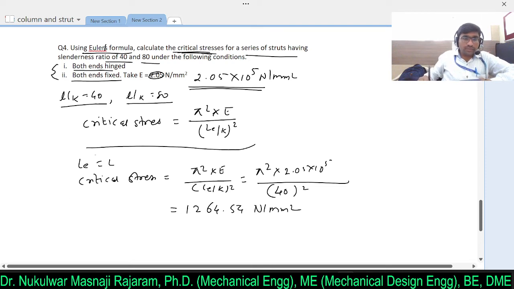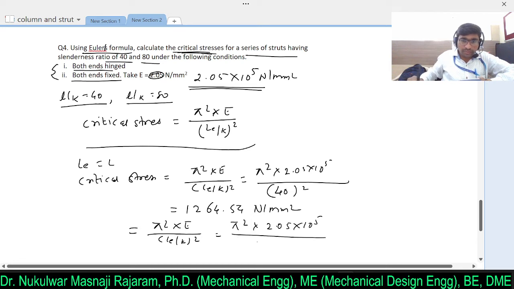Clear? Now if the slenderness ratio is 80, I am using the same formula. That is pi square into E divided by (LE by K) square. So here again we will consider pi square into 2.05 into 10 raised to 5 divided by 80 square.